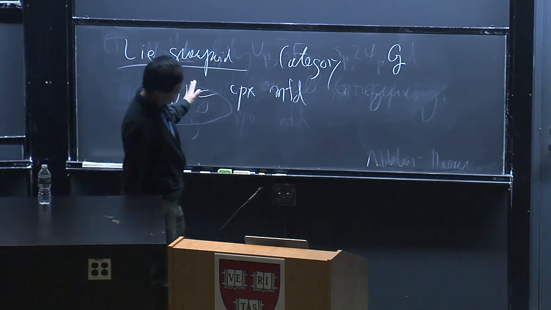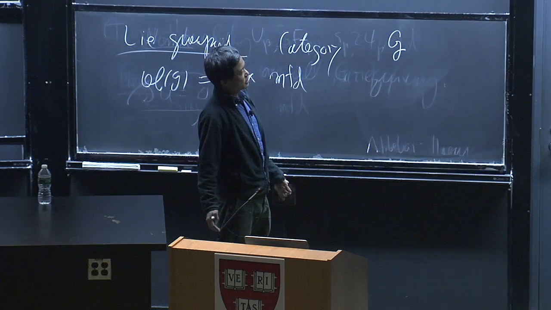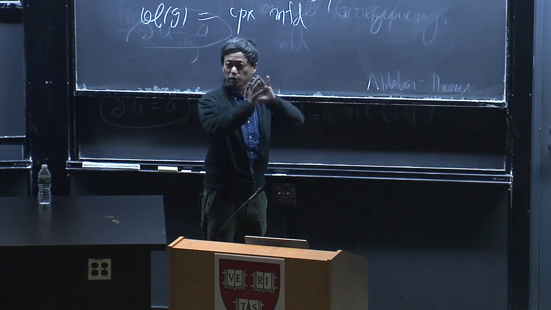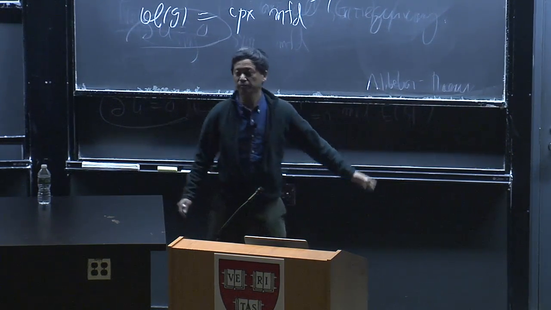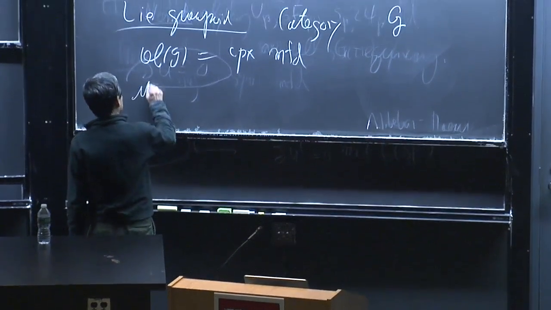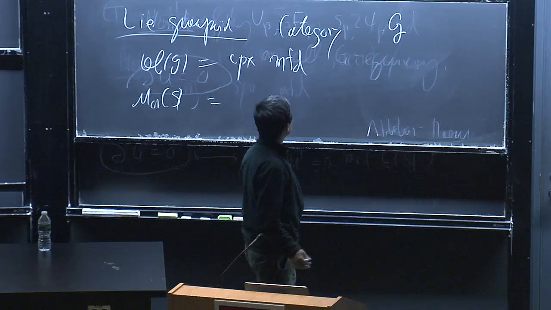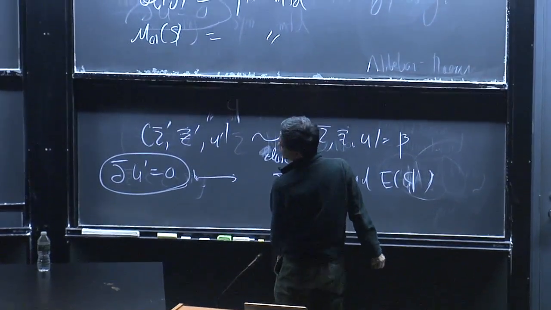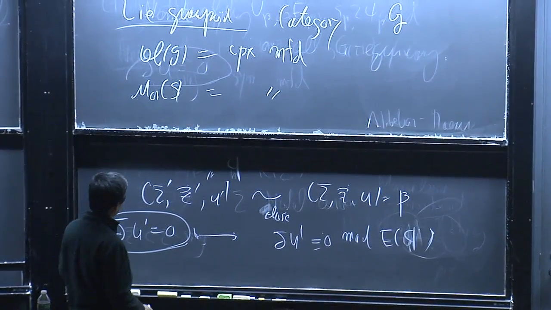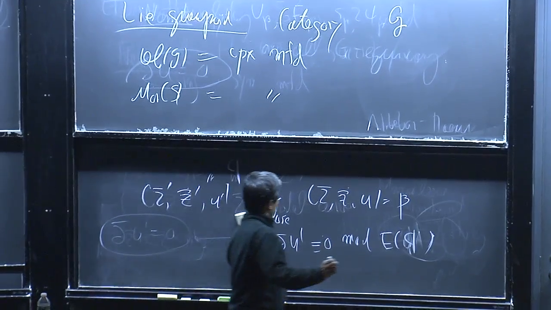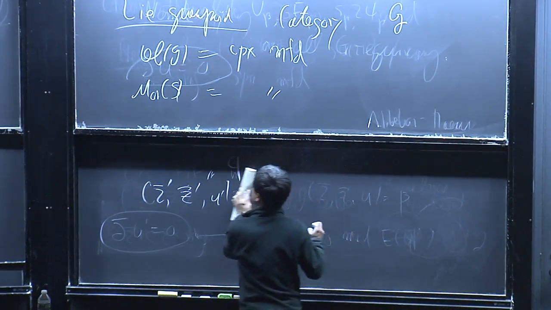So you have a set of objects, but it's not a set in this case. It is a complex manifold. And then you have morphisms. This is also a complex manifold. So this is a set of morphisms, but it's a complex manifold. Then you have two structure maps, S and T.